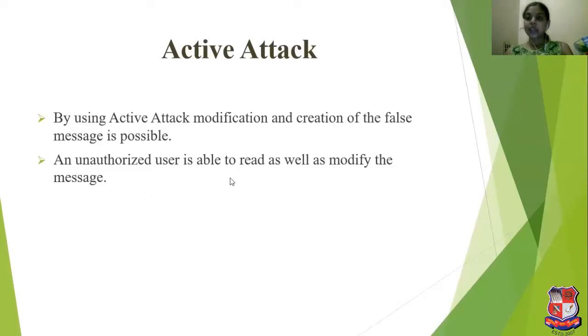By using active attack, the attacker can read the message as well as modify it. The main difference between passive and active attack is that in passive attack the attacker can only read the message, while in active attack he or she can read as well as modify the message.